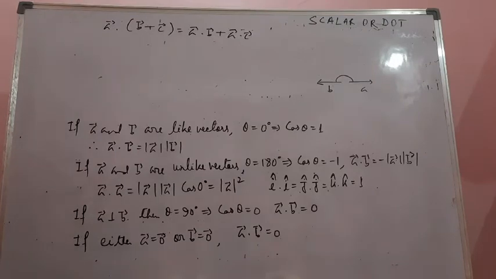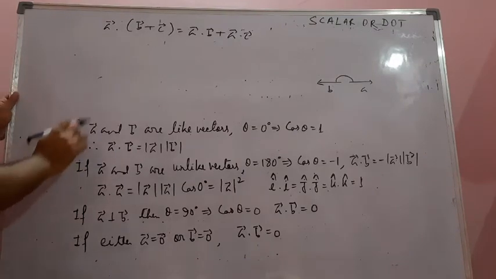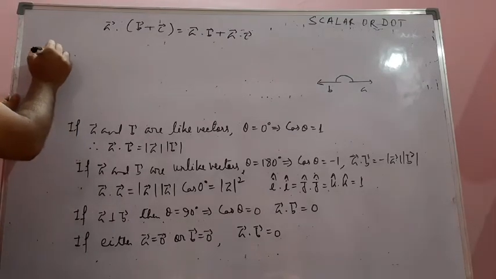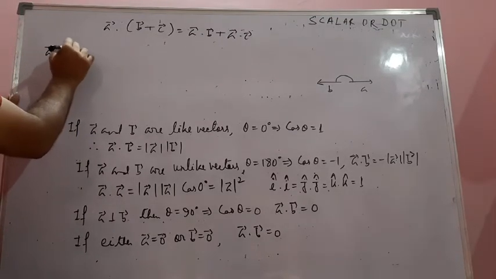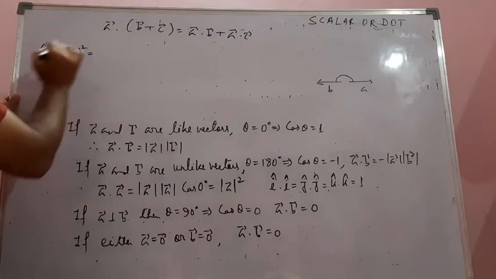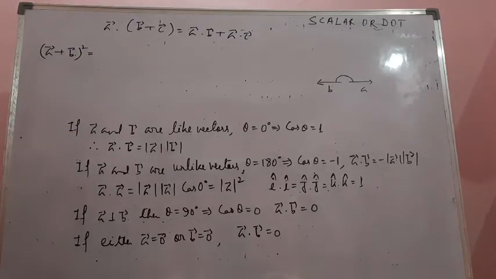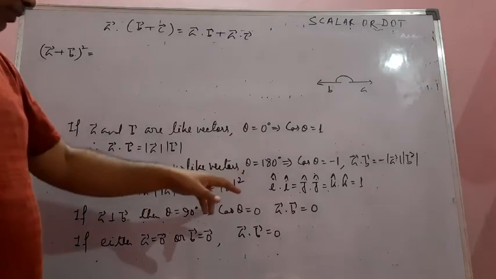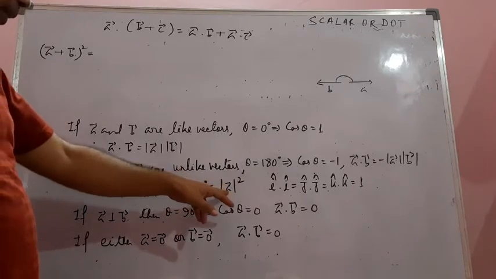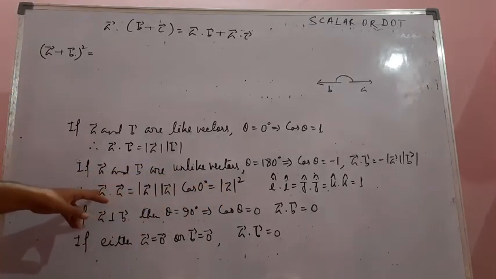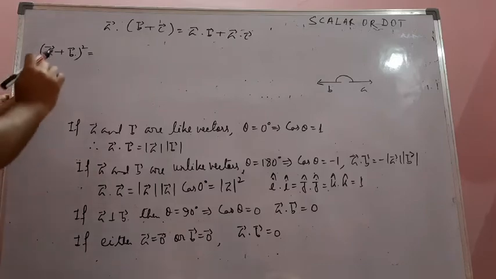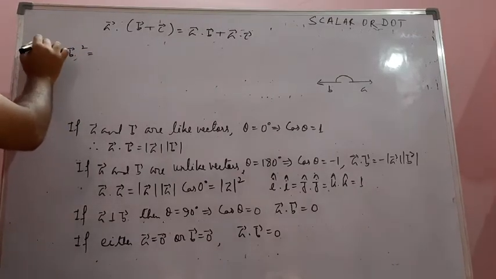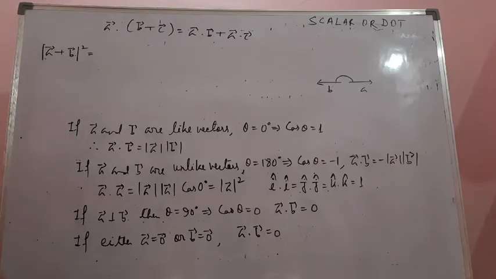Okay. Now here you see, suppose we have to find out vector a plus vector b whole square. Okay, a plus b whole square. Now if I follow this, that magnitude of a square is a dot a. Suppose you have to find out magnitude of a plus b whole square, equal to what?